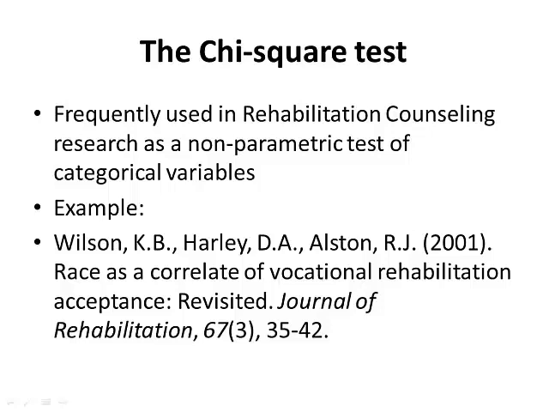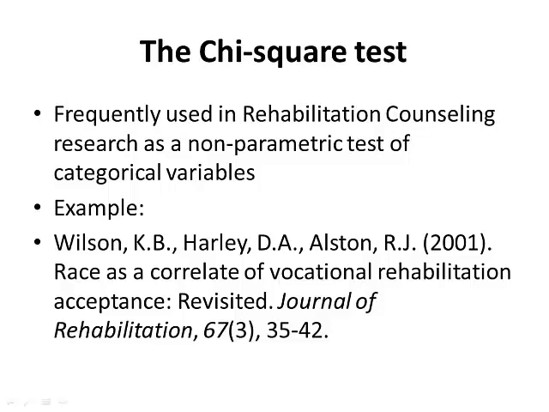So you have race, which was measured as a categorical variable, either African American or Caucasian. So you have 2 categorical variables. And then you have acceptance, which is also categorical, either accepted or not. So you have a large data set with categorical variables.